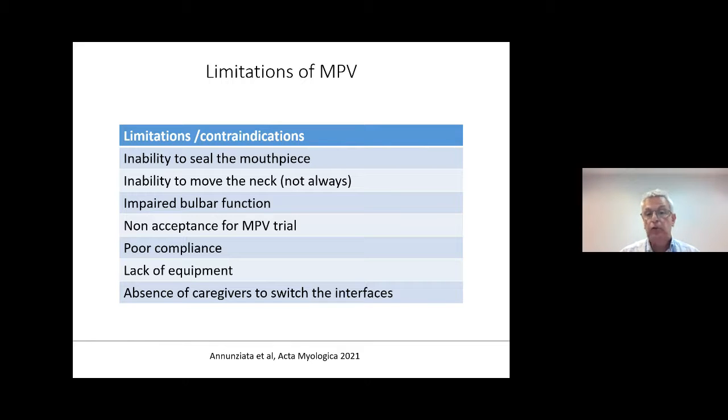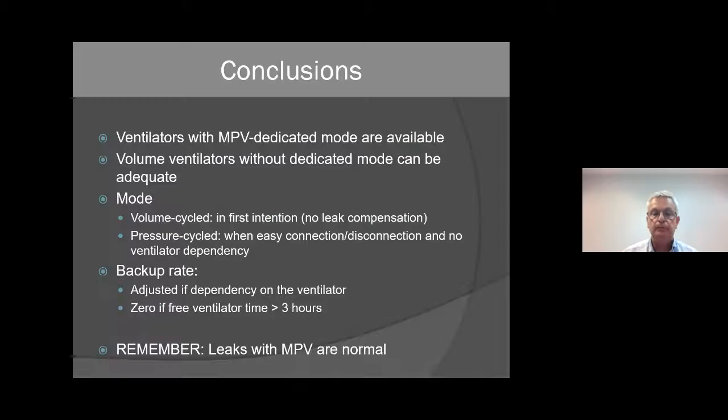Naturally, you always have patients who do not accept the trial with the mouthpiece, when there is poor compliance, when you have no equipment, but also sometimes when there is no caregiver or family to switch the interfaces.